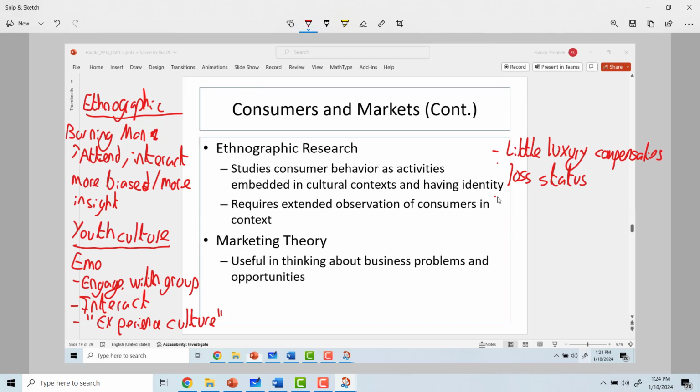Another thing is perceived fairness affects service recovery. Okay, that was a bit of a mouthful. But service recovery just means something's gone wrong.